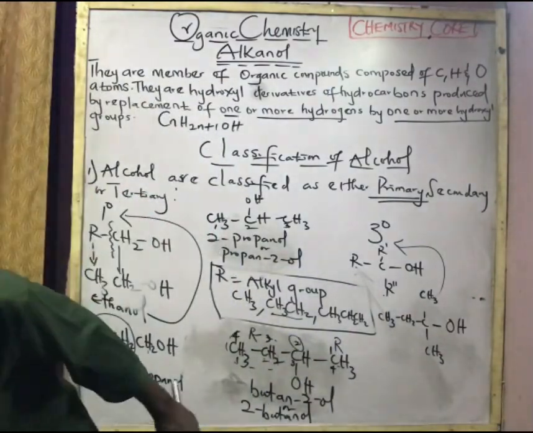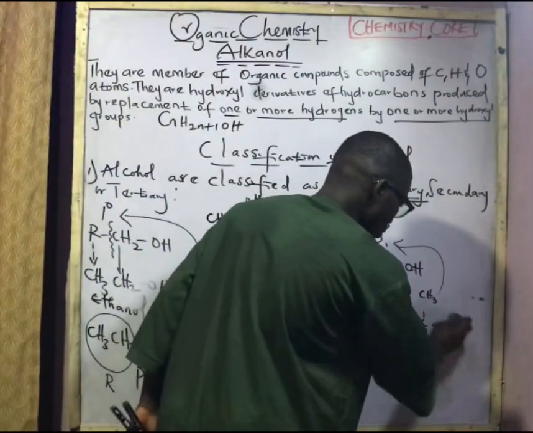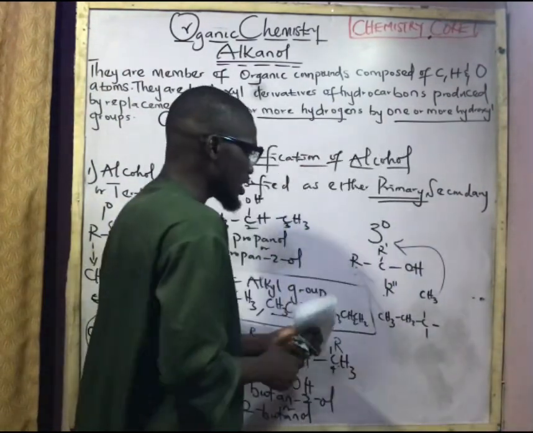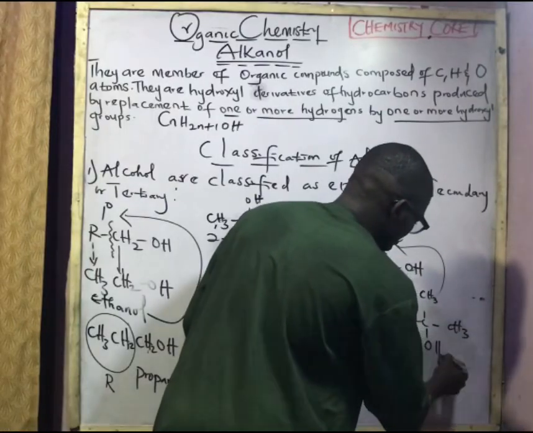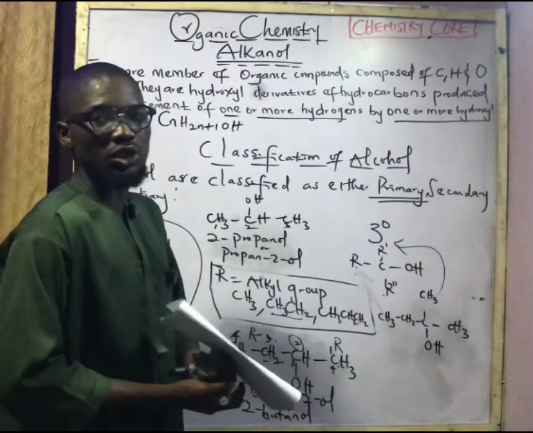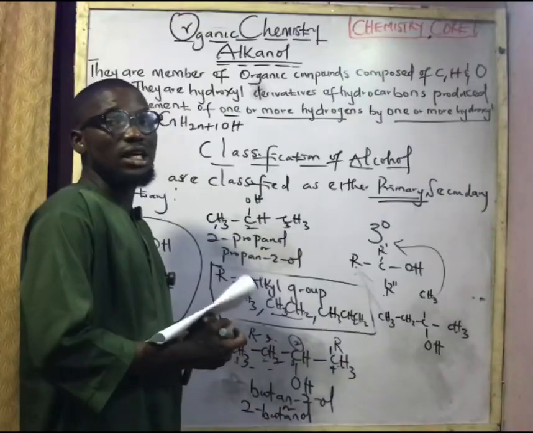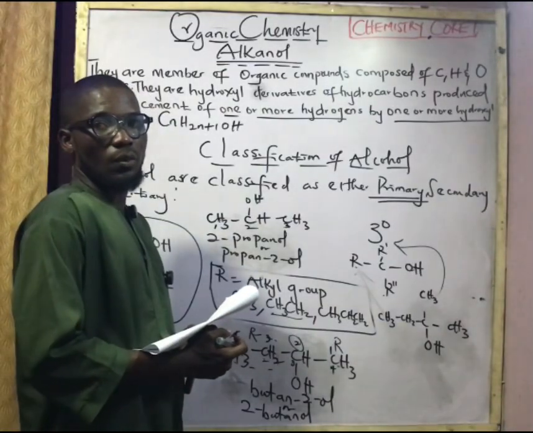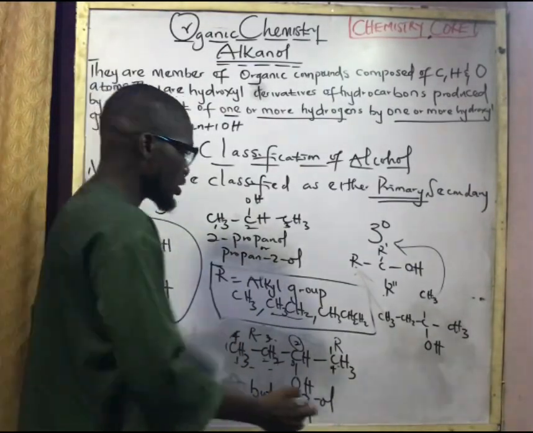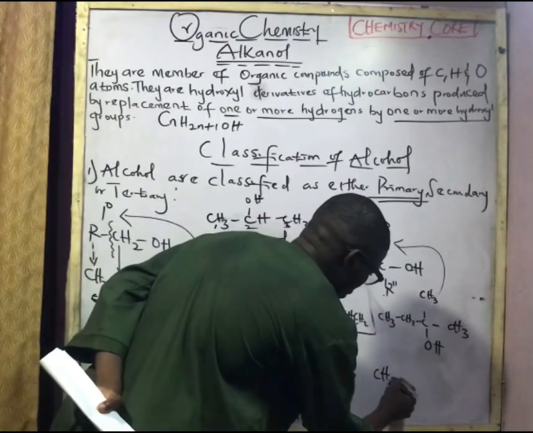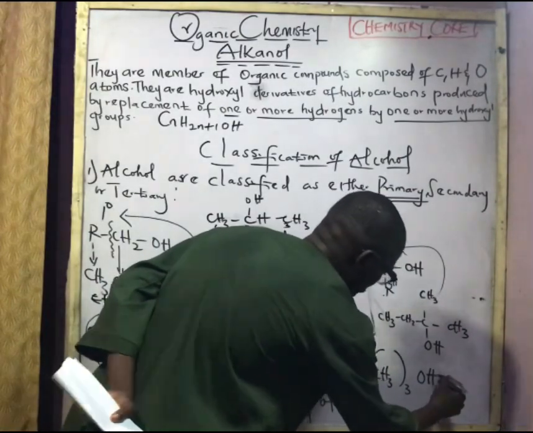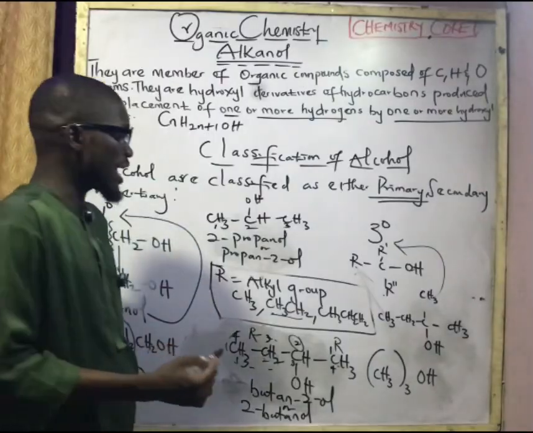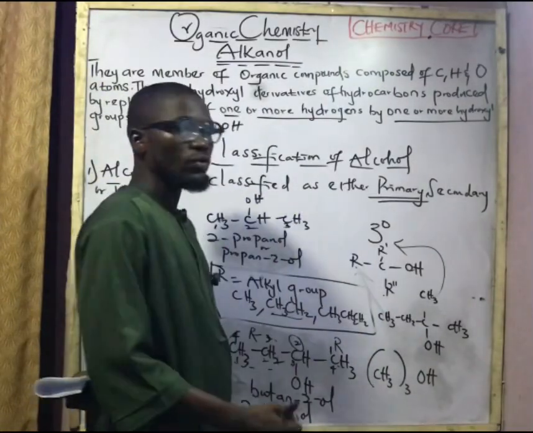Or we can choose to write it as CH3 here and OH here. Depend on how you understand the naming of alcohol. Are you with me now? So another example is we have CH3, open the bracket, we have 3, then we have OH. This as well is a good example of alcohol.